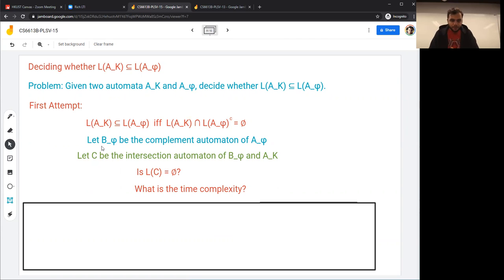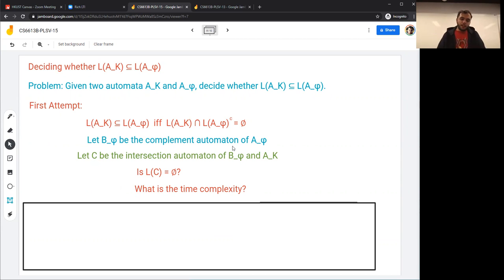So first, we are computing this complement, right? What was the complexity of complementing non-deterministic Büchi automata? Well, the algorithm that we saw, which was due to Büchi, did this in doubly exponential time, so 2 to the power of 2 to the power of size of the original automata.